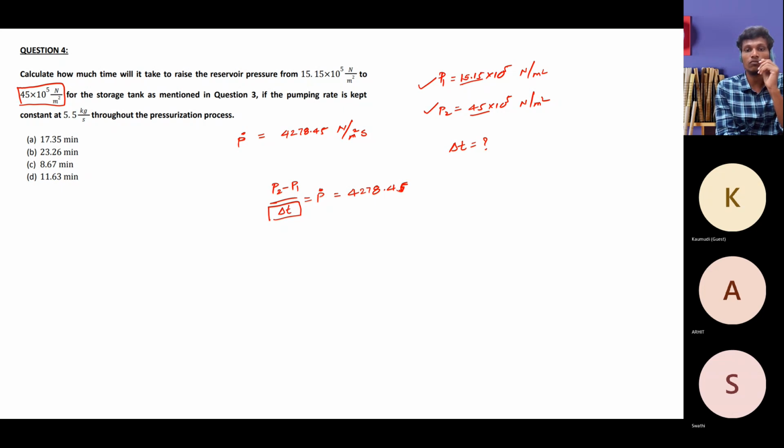You are just writing it as change in pressure by change in time, and using the corresponding values. If you substitute these values, you will get delta T equals 11.63 minutes. They ask in terms of minutes, so the solution is 11.63 minutes.